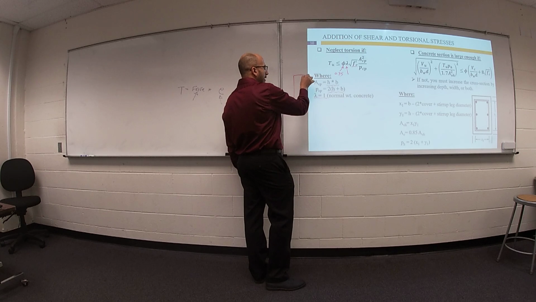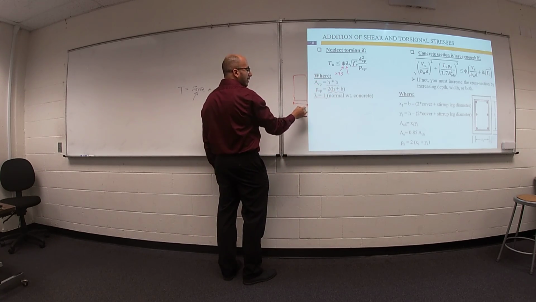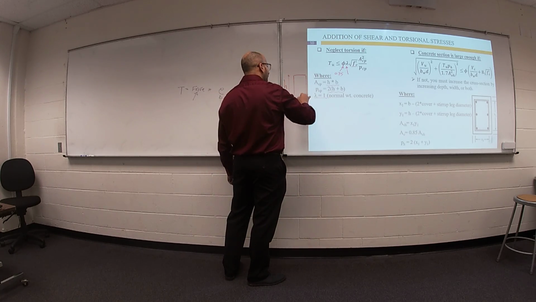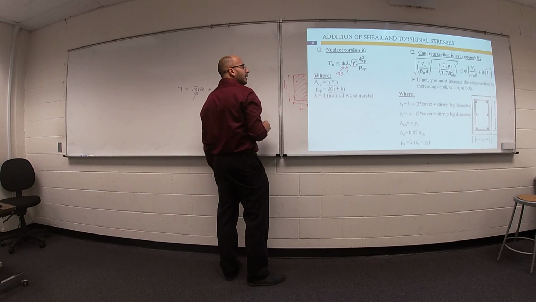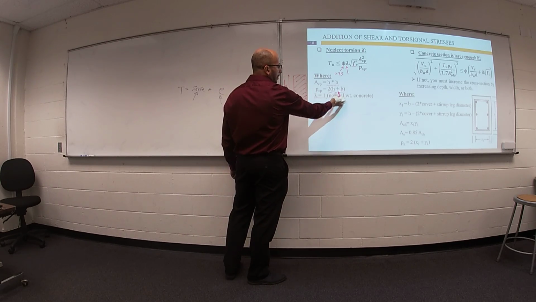Here is your cross section of beam, column, whatever. B times H, so Acp is the area of your cross section. Pcp is the perimeter of your cross section: H plus B times 2.